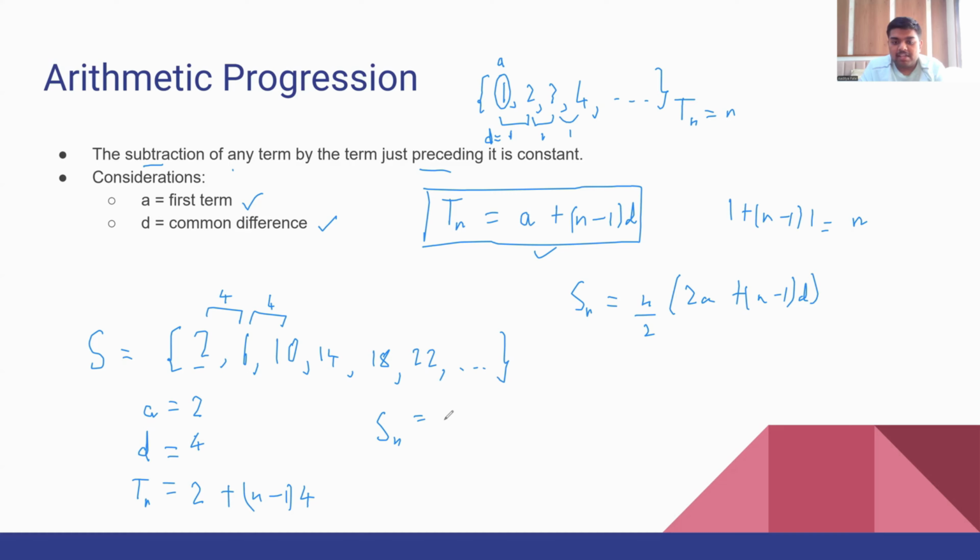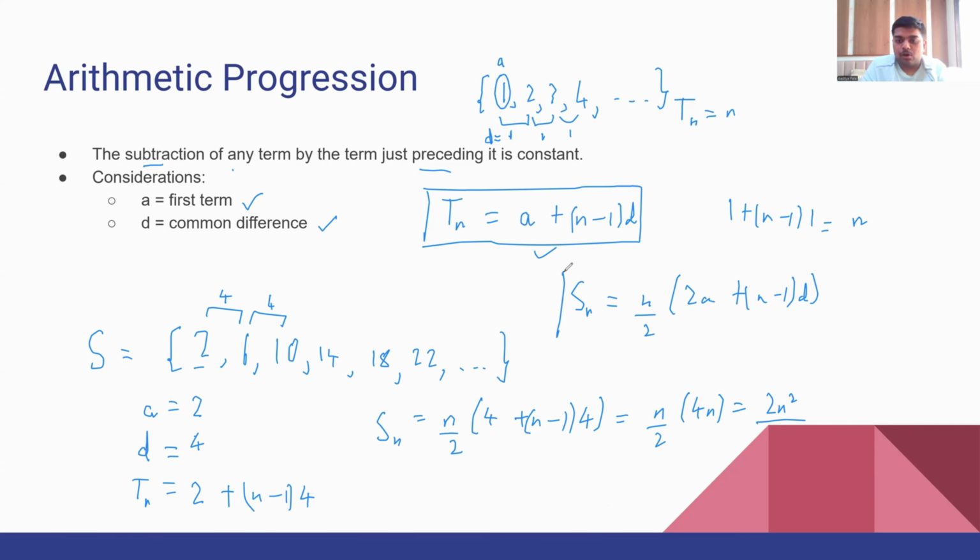Yes, it will be n by 2 into 2 times 2, that is 4, plus n minus 1 into 4, which is equal to n by 2 into 4n, which is 2n square.